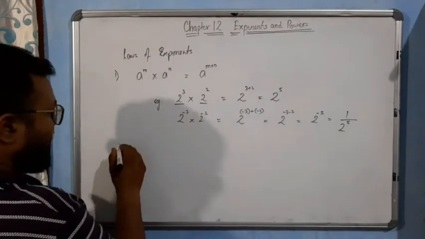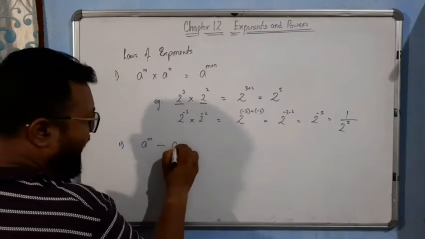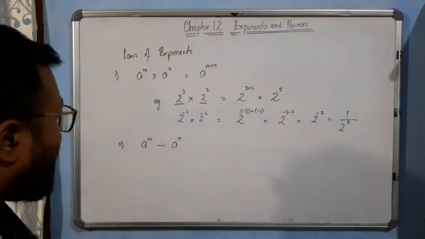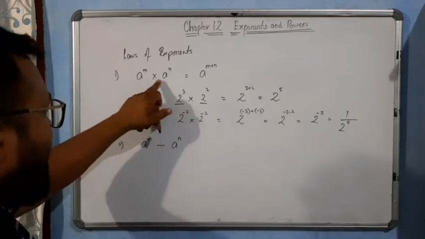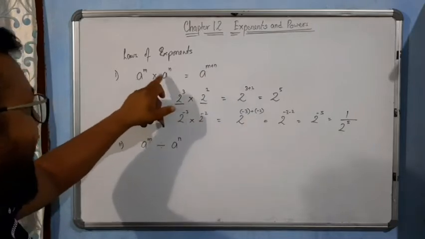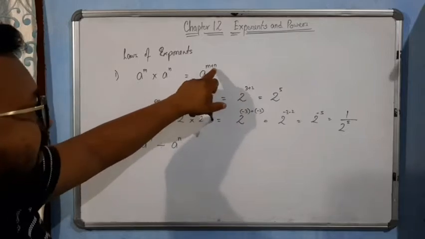The second law is a to the power m divided by a to the power n. In the first one there was multiplication, a to the power m into a to the power n, where the base was the same and exponents were different, so we added the exponents.